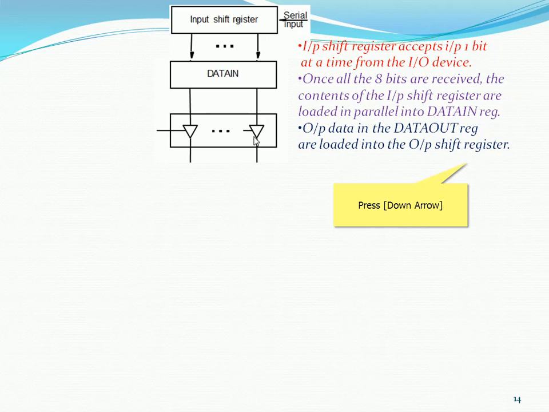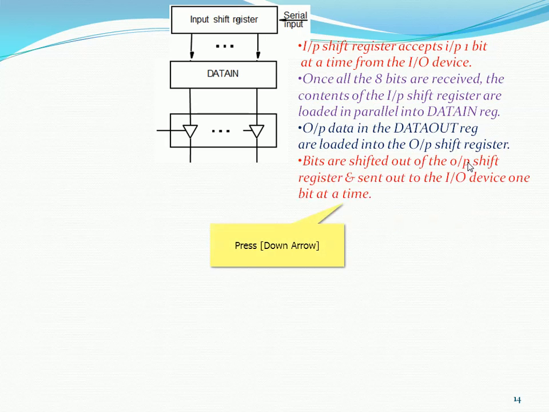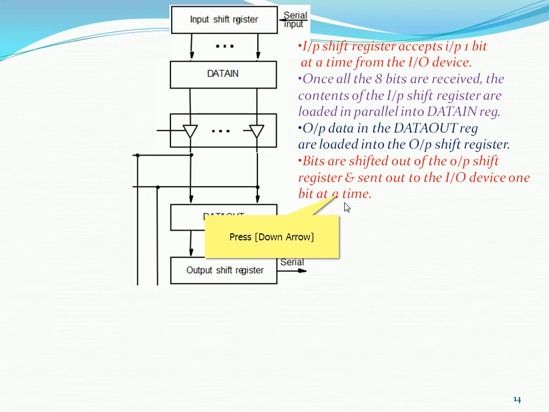The output data in the data out register is loaded into the output shift register. The output shift register bits are shifted out and sent to the I/O device one bit at a time. So from data in to data out is parallel fashion.